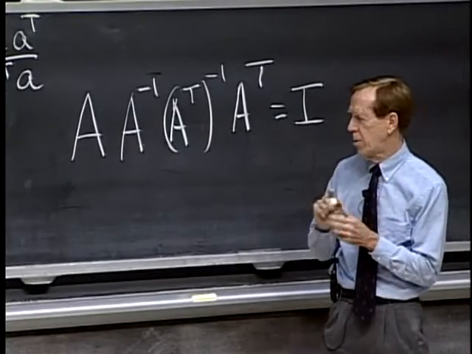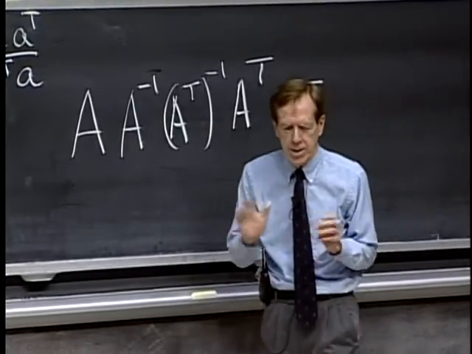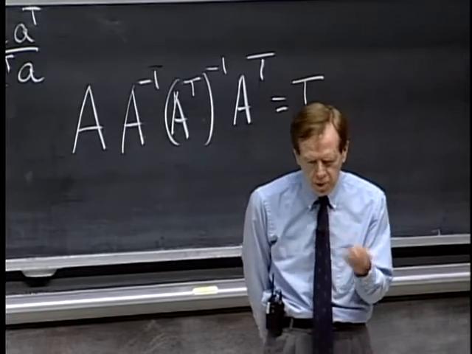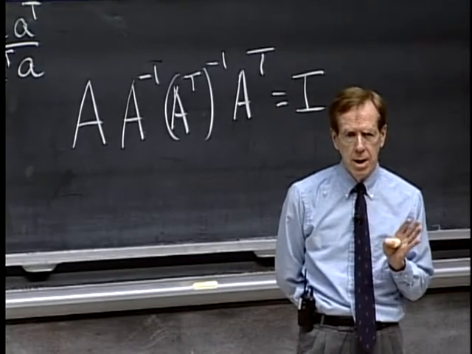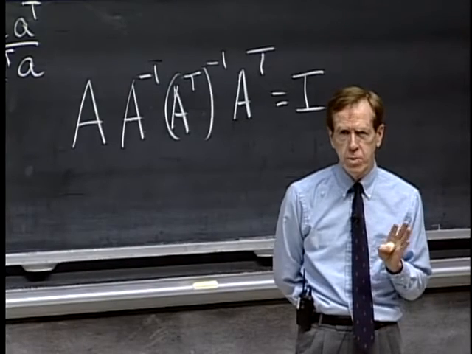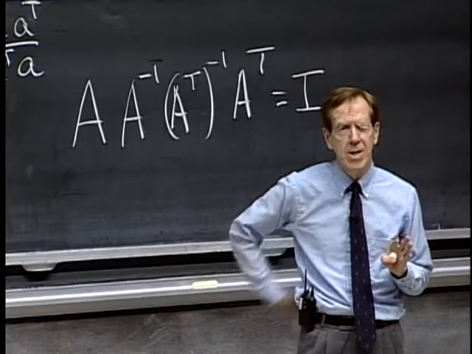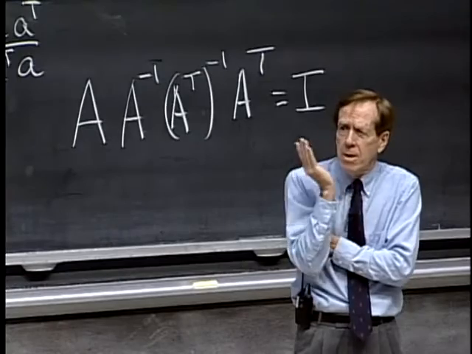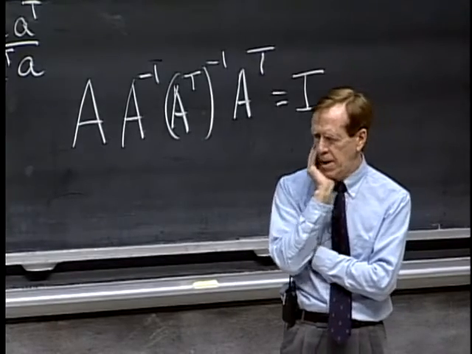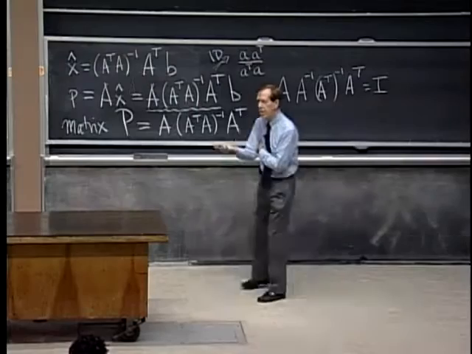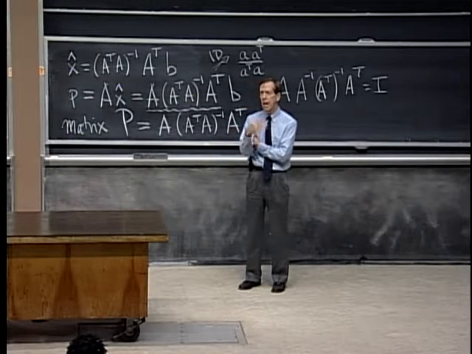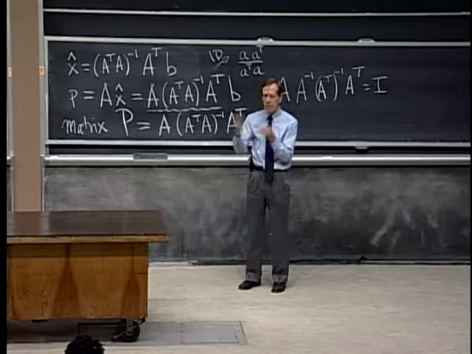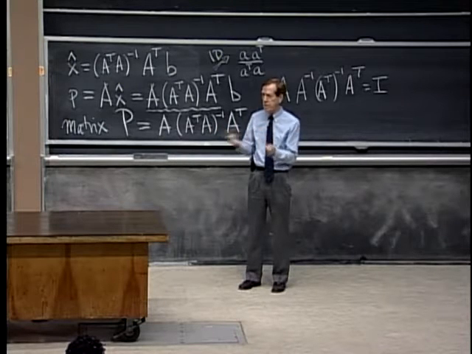Now, what's going on if A is a nice square invertible matrix? The formula ought to work then too. If A is a nice n by n invertible matrix, what's its column space?